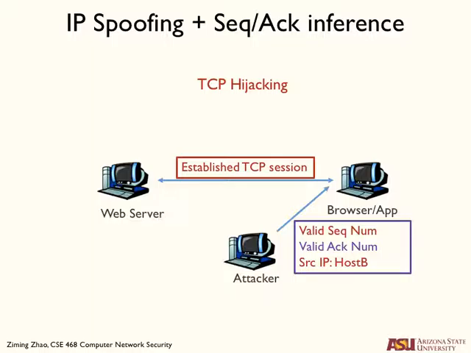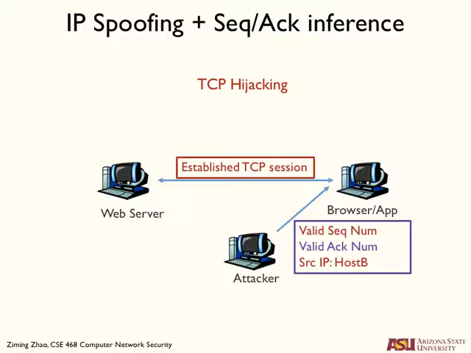So why is this a very serious problem? Because most application protocols are using TCP. And the most widely used communication protocol right now is actually HTTP. So no matter you are using your browser to surf the internet, or you are using your mobile applications, they are all using HTTP. And HTTP is based on TCP.